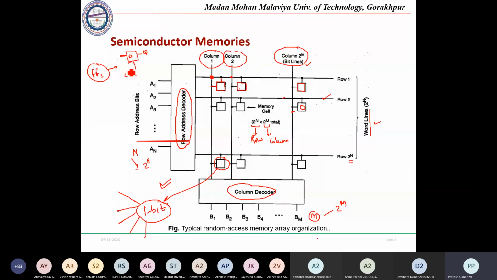So one flip-flop can store one bit of data, and this one bit data storage can be a simple D flip-flop also. But we will see what this one bit storage device would be if it is a RAM, and what it could be inside this one bit storage if it is a RAM or a ROM. So we are basically going to see this one bit storage element.